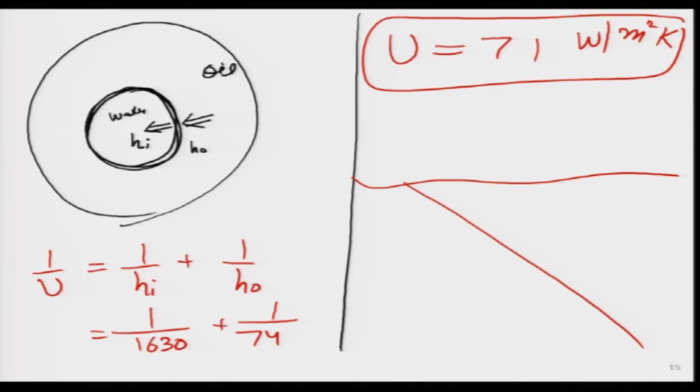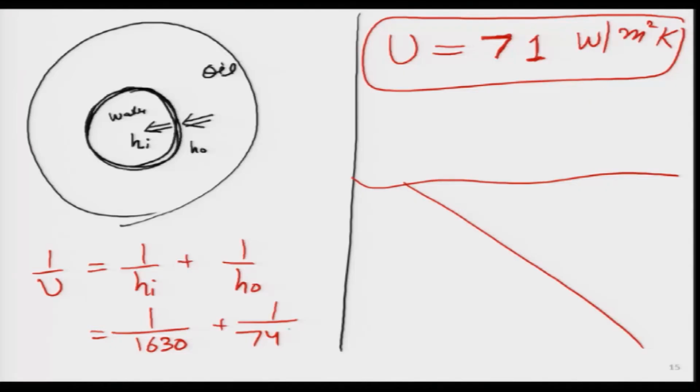The 74 is very low. We want the heat exchanger to have very high heat transfer, and one is giving very low heat transfer, 74, the outer fluid. Inner fluid is having very high heat transfer, is 1600, which means the overall heat transfer coefficient turns out to be just 71, and this 71 is primarily due to the low value, this 74.